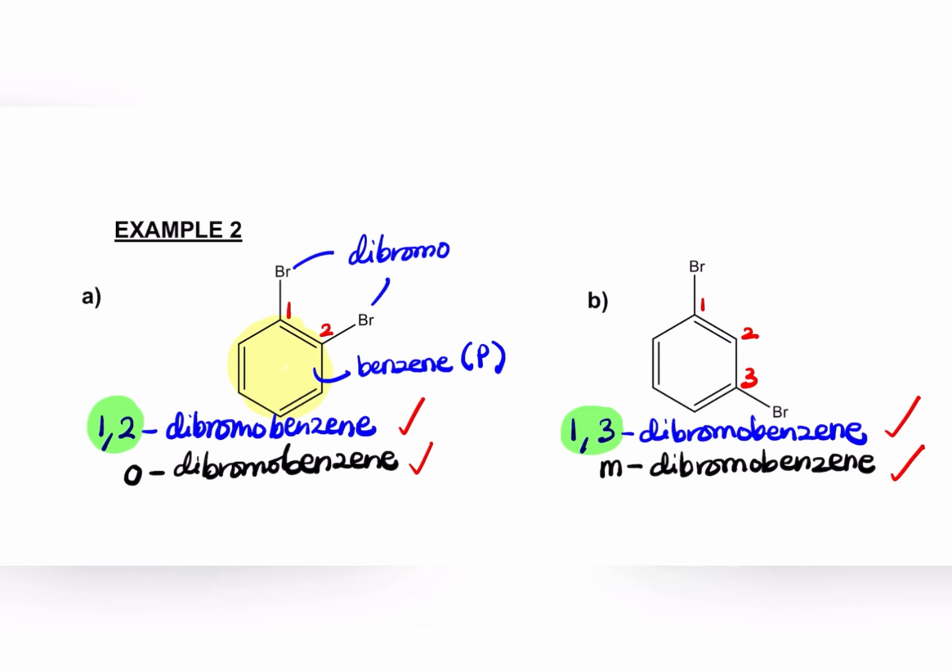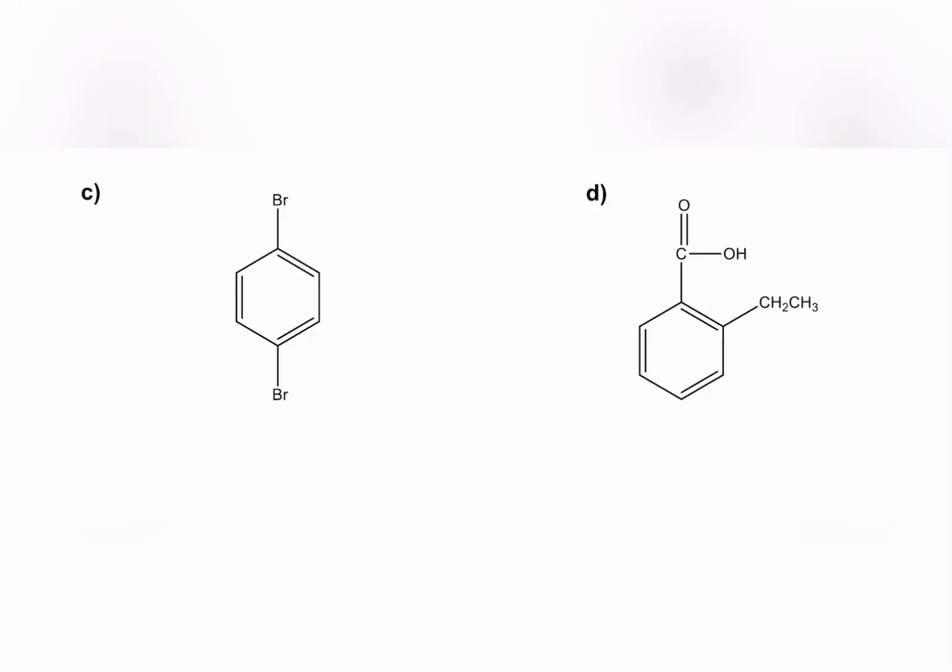Both are acceptable. Now let's go to structure C, where my substituents right now are opposite to one another. 1, 2, 3, 4. I give the numbering for my substituents. So the name will be 1,4 dash dibromo benzene.